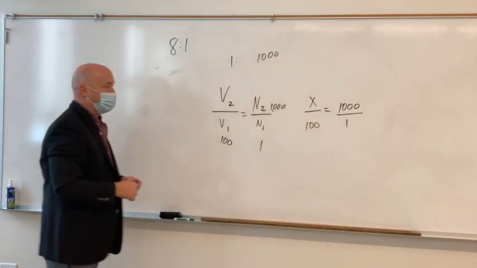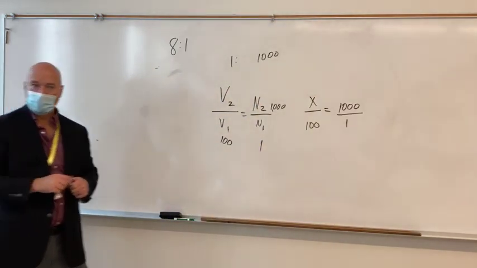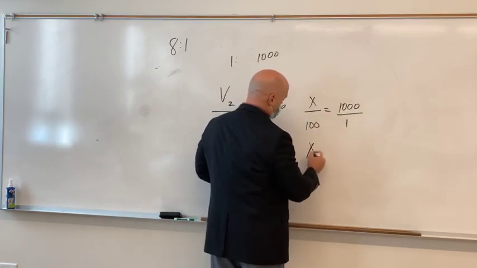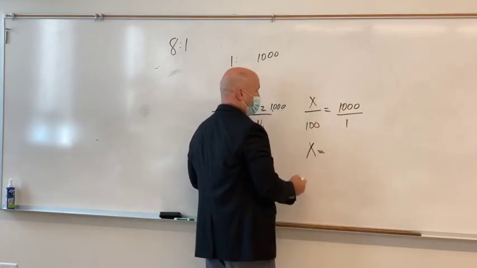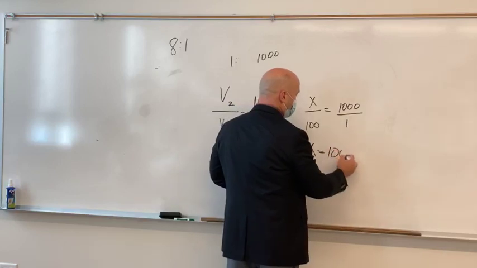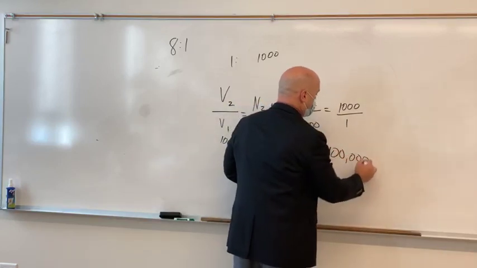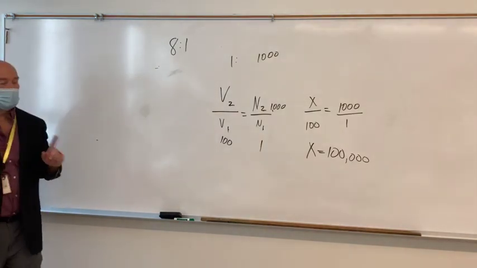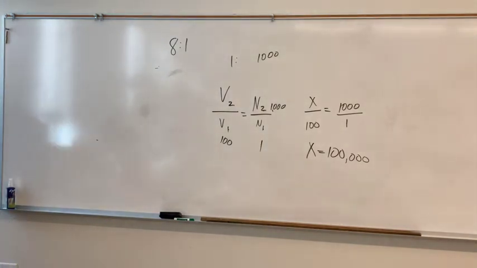Cross multiply, so 1 times X is equal to X, and 100 times 1,000 gives us 100,000. So our voltage increases.